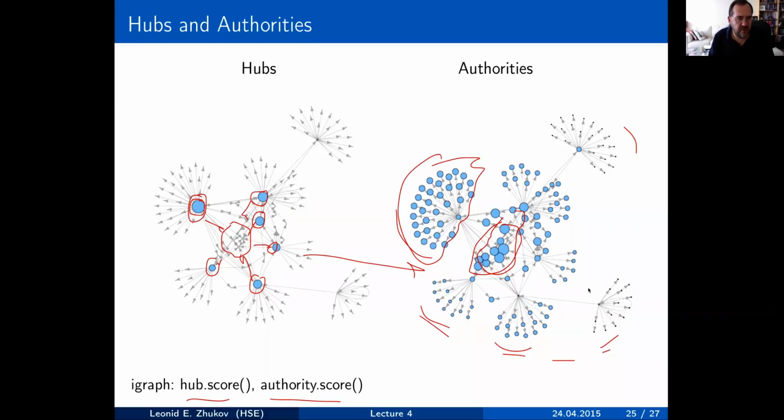So if you think about the social network, you can think about roles that people play, those that generate, for example, content, and those that help this content propagate and connect people. So it's actually pretty cool stuff.